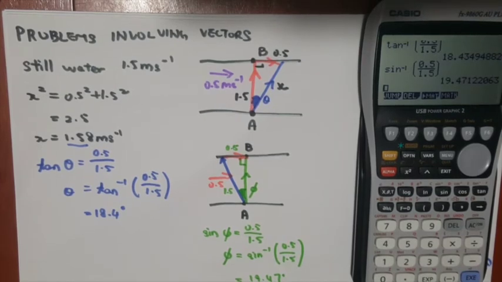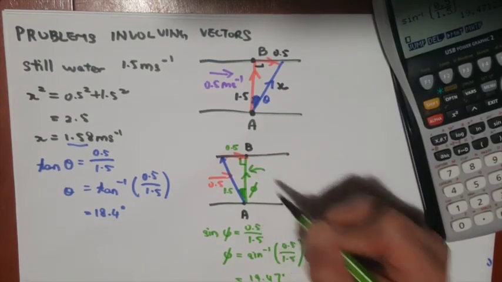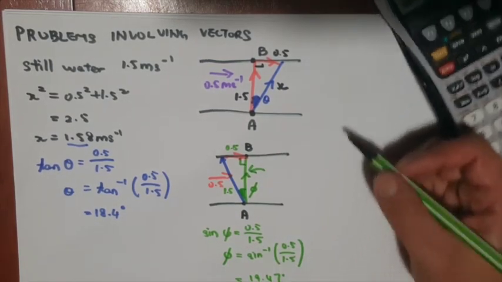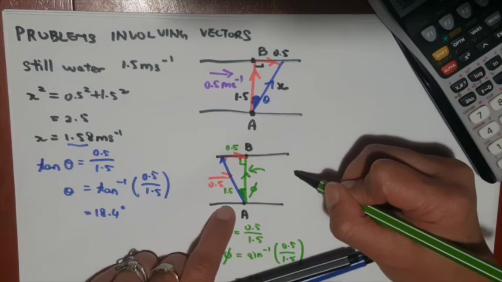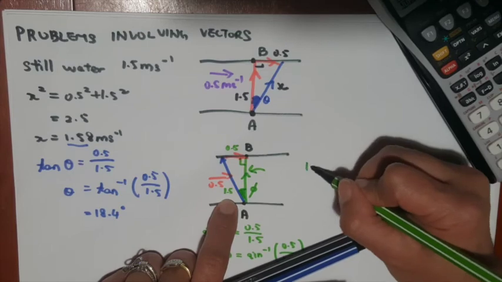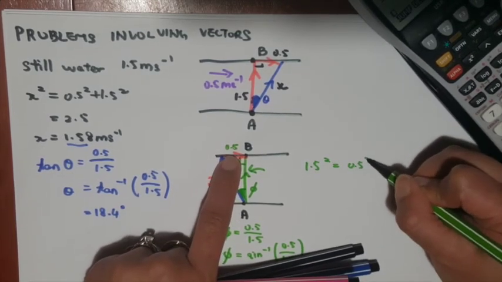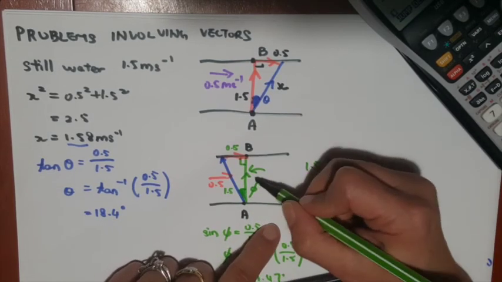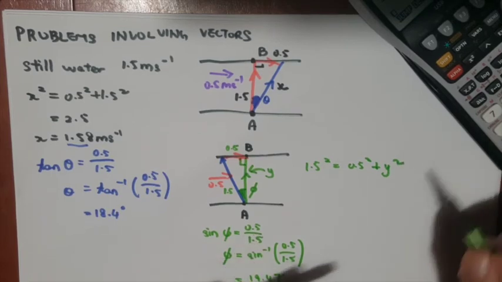And the other question is, what will the new speed be? The new speed will be this line over here. Using 1.5 as the hypotenuse, 1.5 squared equals 0.5 squared plus, let's call this y squared.